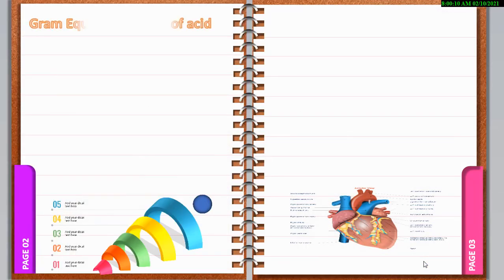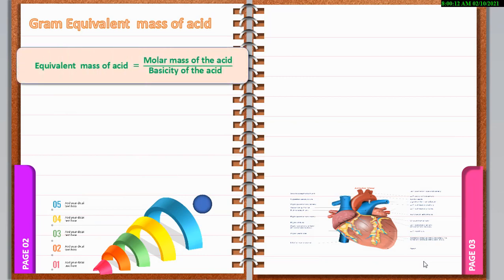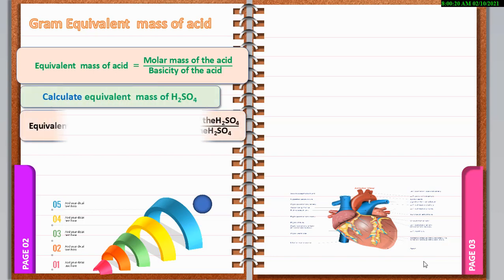Next one is gram equivalent mass of acid. Gram equivalent mass of acid is equal to molar mass of the acid divided by basicity of the acid. Calculate the equivalent mass of H2SO4. Equivalent mass of H2SO4 is equal to molar mass of H2SO4 divided by basicity of H2SO4. Basicity of H2SO4 is equal to 2.